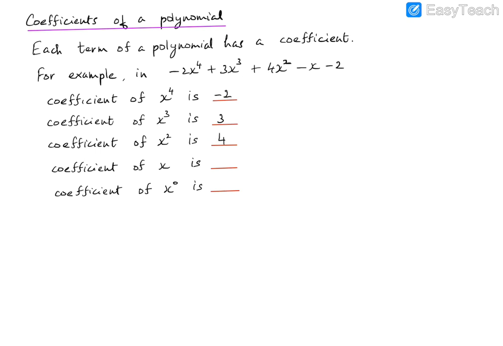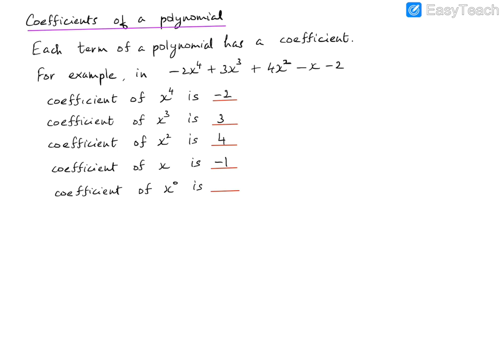The coefficient of minus x is basically the coefficient of x power 1. What we have here is a minus in front, so it's minus 1x. So the coefficient of x is minus 1. And the coefficient of x power 0: if you look at the expression, you don't see x power 0 here, but we have seen earlier that the constant term can be seen as getting multiplied with the variable x power 0, because x power 0 is 1.